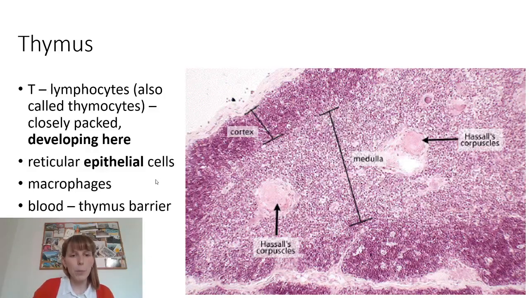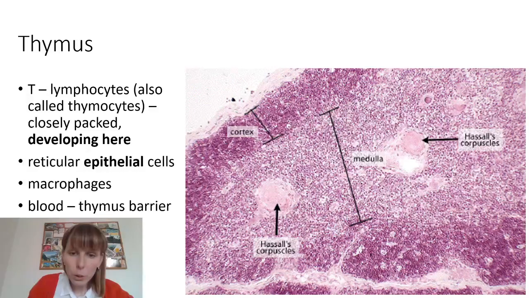What is happening is that the reticular epithelial cells serve as testing cells, because you need to know if the new T lymphocyte is reacting against your own body. That's what we don't want. That's how you get autoimmune diseases. So we don't want our own immune system to attack our cells.